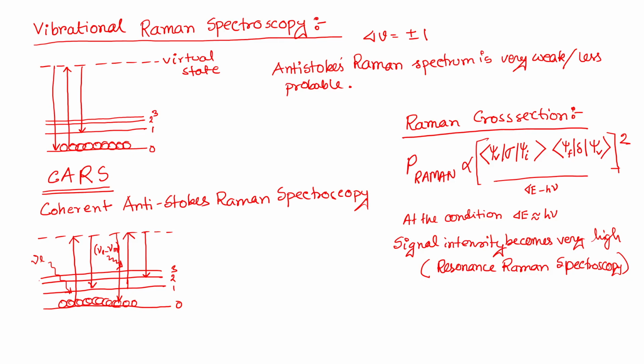So I am not going deep into this, but if you see this equation, you can understand that from here you can also get something like psi f sigma delta psi i. These are the product of two coordinates, right?